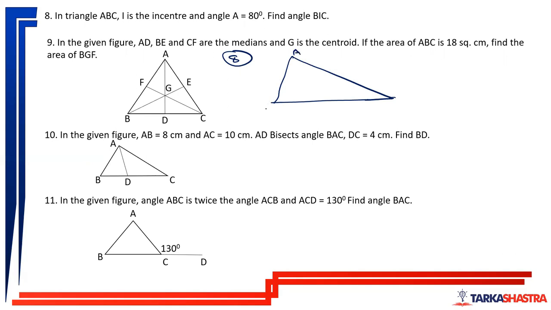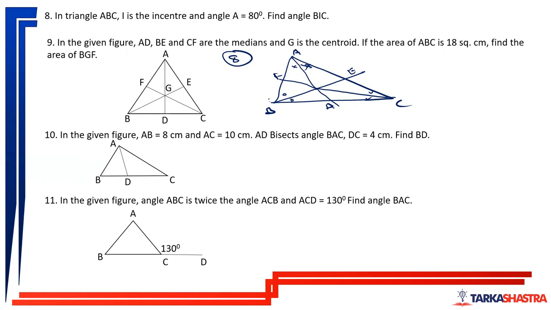Let us say A, B, C is a triangle, and AD is an angle bisector. BE is also an angle bisector. CF is also an angle bisector. ABC, of which D, E, F are angle bisectors.